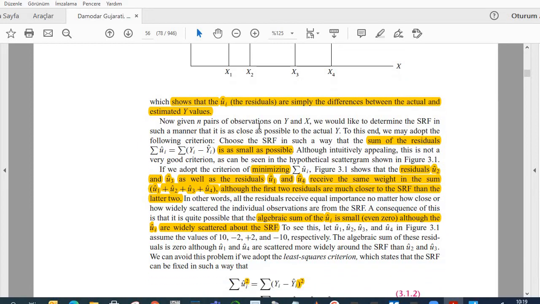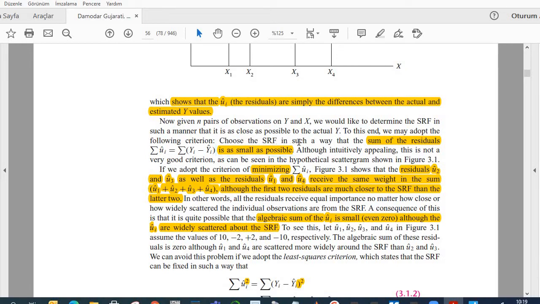Now, given n pairs of observations on y and x, we would like to determine the sample regression in such a manner that it is as close as possible to the actual value y. To this end, we may adopt the following criteria.